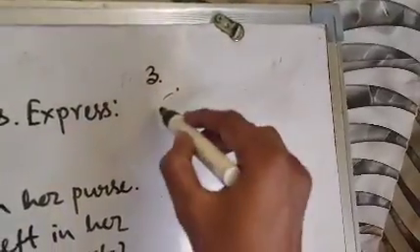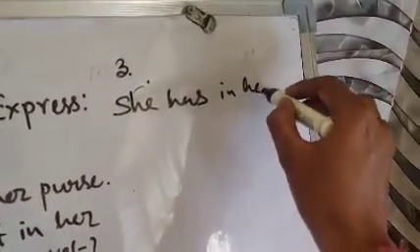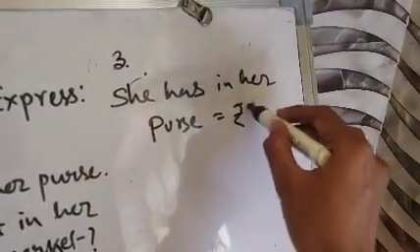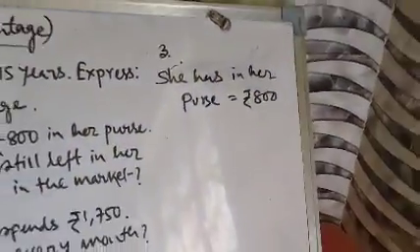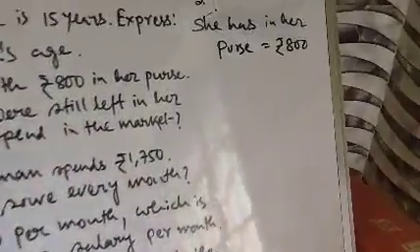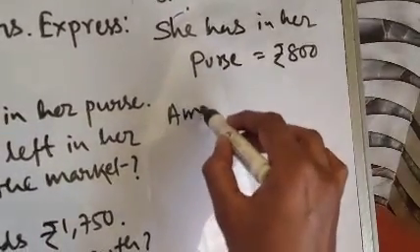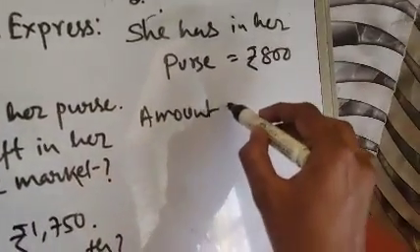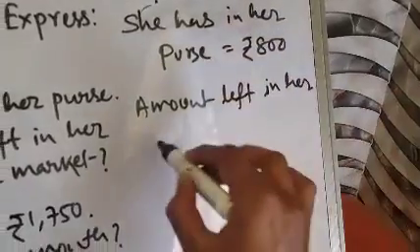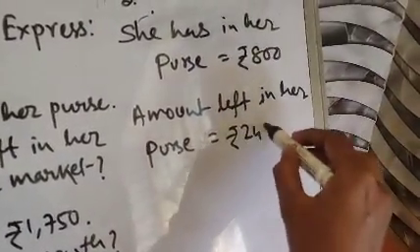She has in her purse rupees 800, and when she returned to her home from market, rupees 240 were still left in her purse. So amount left in her purse equals rupees 240.